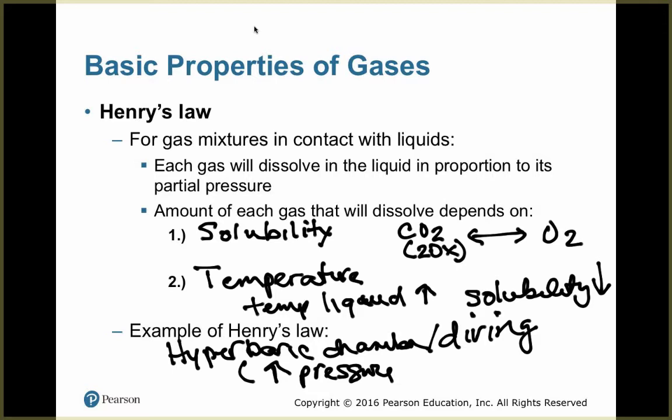So here, it's the idea that as you increase pressure in the lungs, you have an increase of it going into the blood.